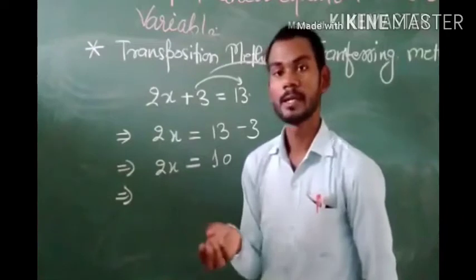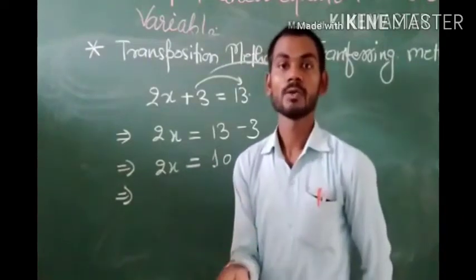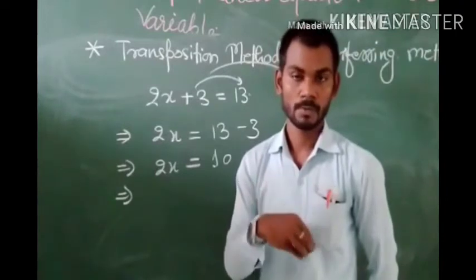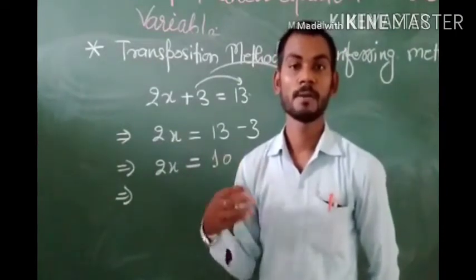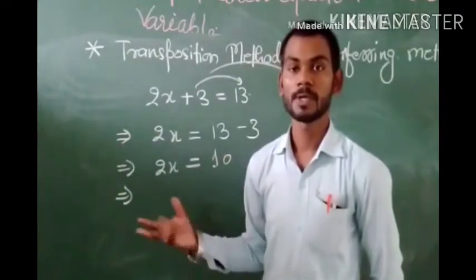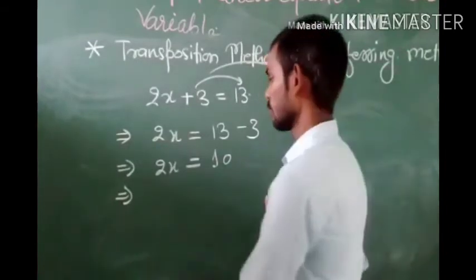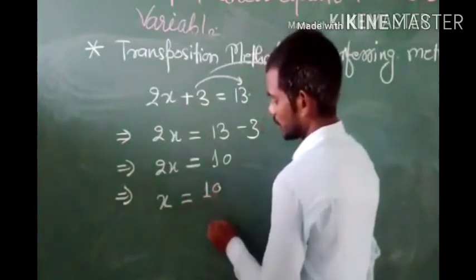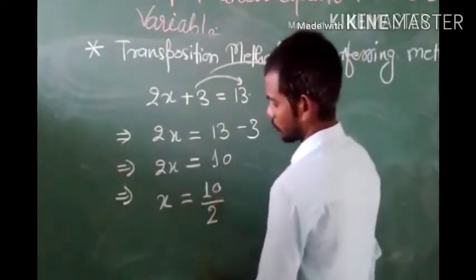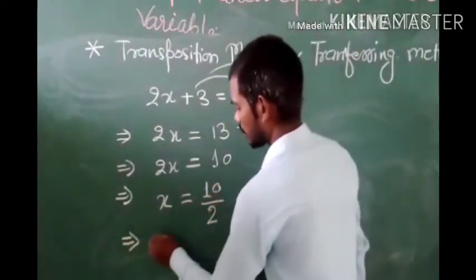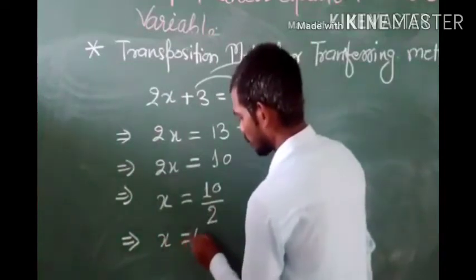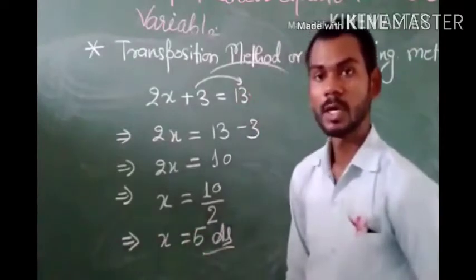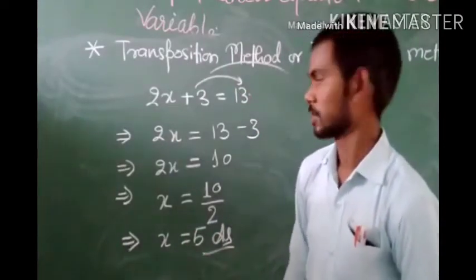As we know, when a multiplier goes from the left hand side to the right hand side, or from the right hand side to the left hand side, it becomes divided. So we have x is equal to 10 divided by 2. We get x is equal to 5, which is the required solution of the given question.